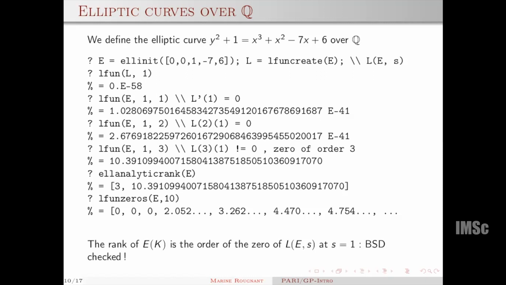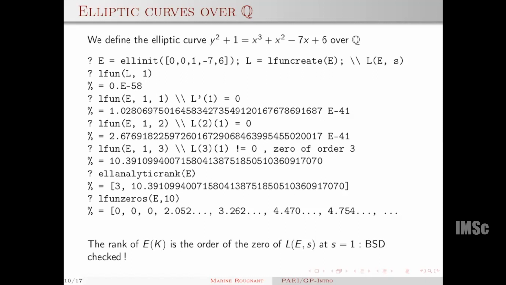And you can check that the analytic rank of your elliptic curve is 3. And here, L from zeros of E will give you the series of zeros, and you also have a function named L called 0 orders of your L function, and you have just the order of the successive zeros.